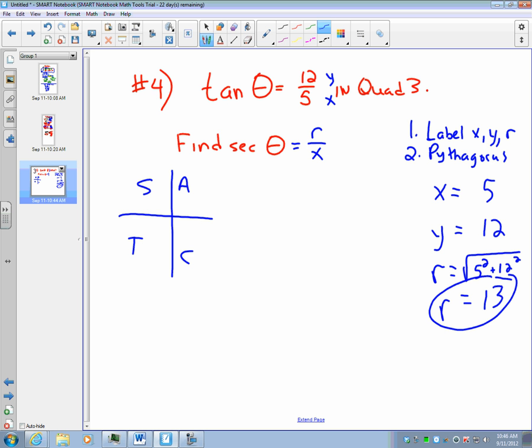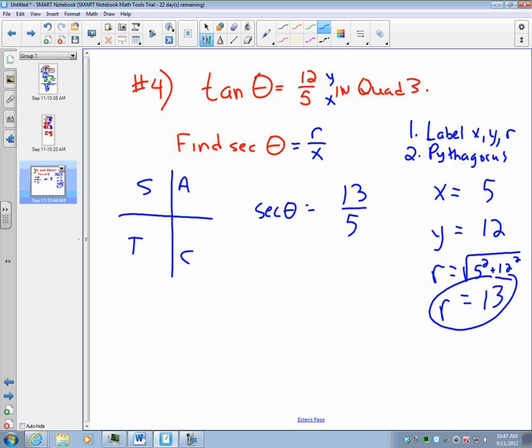Now, it kind of makes sense if you think about it, because this is just what happened in the previous question, right? We had 2 negatives, and they canceled out, right? So technically, you don't need to know this. Look at this, though. Technically, both of these numbers would have been negative, right? Because they were in quadrant 3. But really, you can use this method and say secant theta equals r over x, 13 over 5.